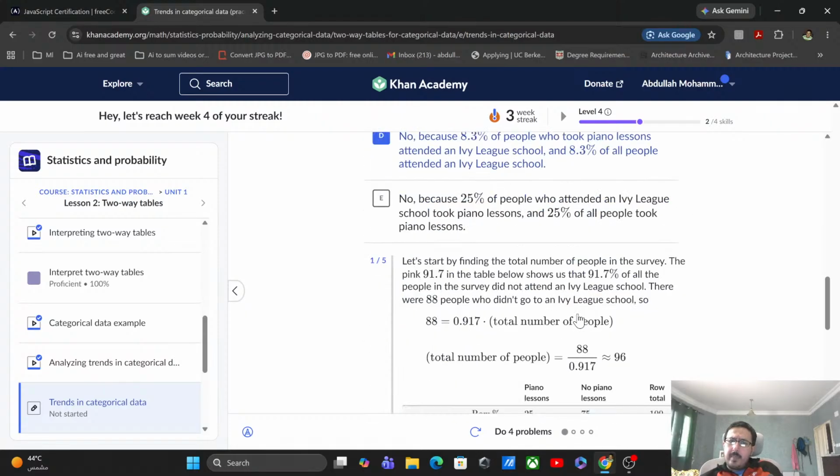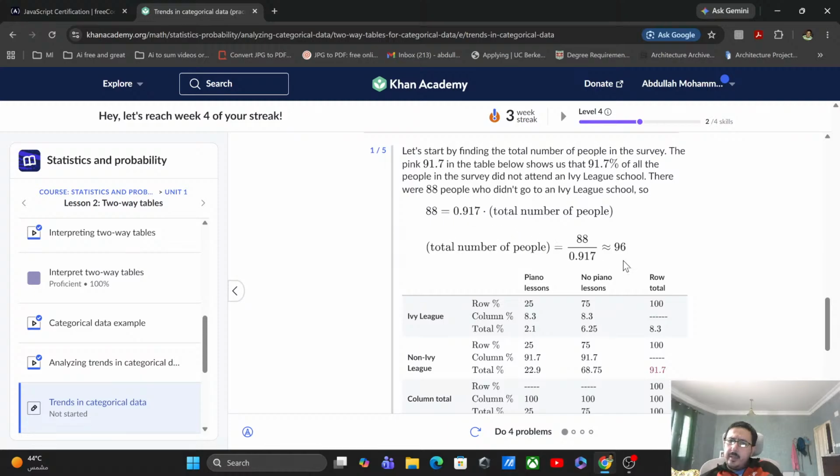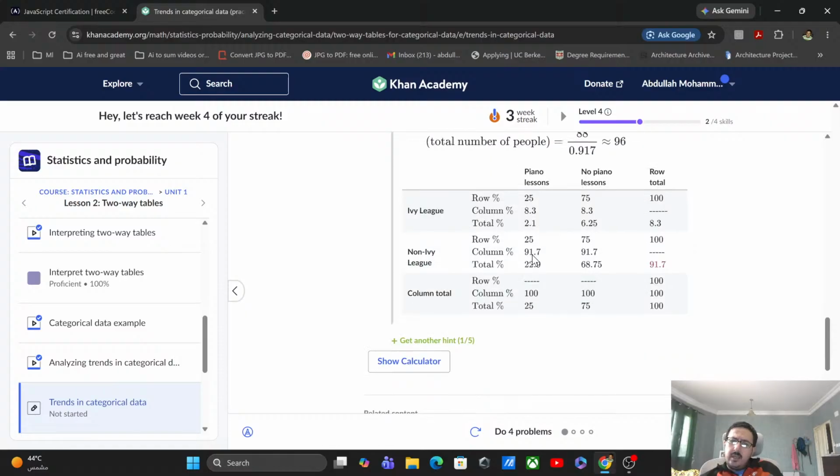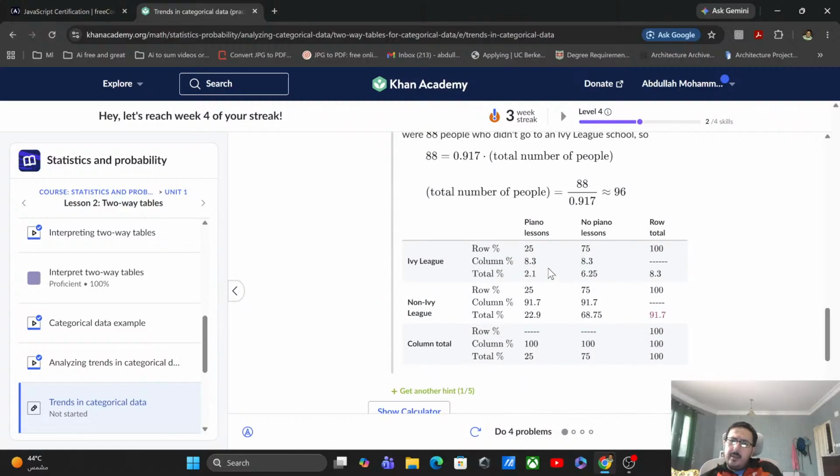So yeah, there are 8 left, and 2 of them took piano lessons. 25% of the 8 means 2. Are you saying there are 3?